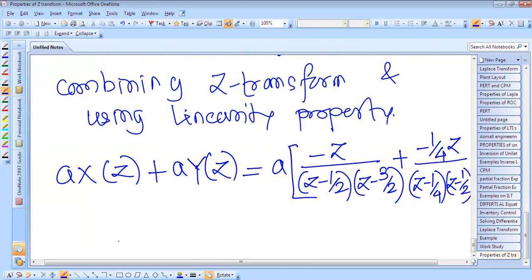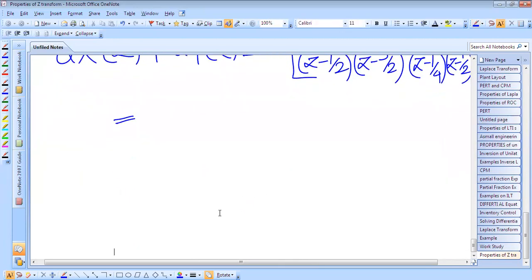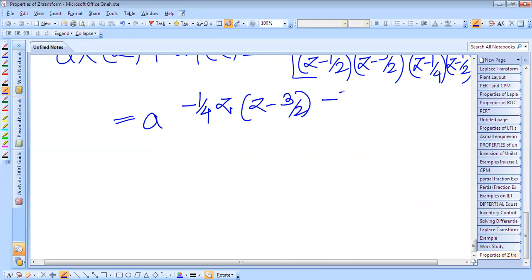Okay, so next, if you solve this further, a into minus 1/4 into z into z minus 3/2 into minus z minus 1/4.